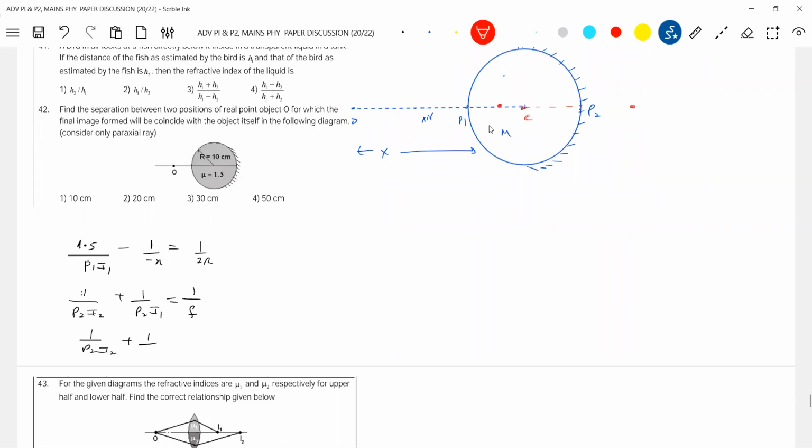Okay, let me try with the ray diagram. After refraction, if the rays become parallel. Okay, now you try this.